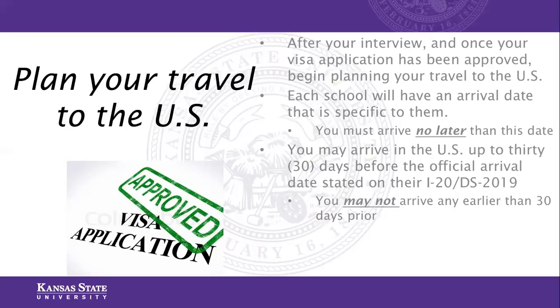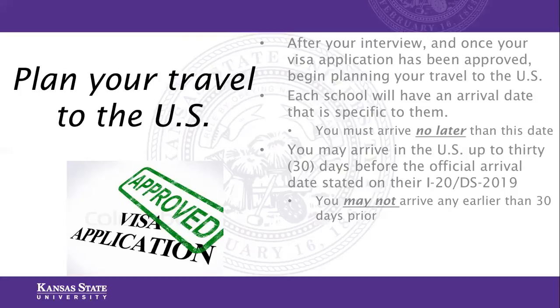So look at that arrival date and plan to arrive no later than that specific date. That's the date that you have to cross into the United States, to be within the US border. Also, you can arrive up to 30 days before that official arrival date. We typically don't recommend arriving exactly 30 days before, so maybe somewhere between 20 to 25 days before if you want to do some traveling around.